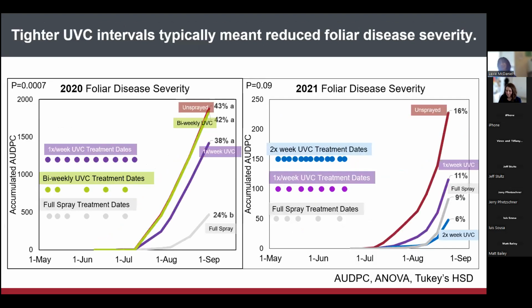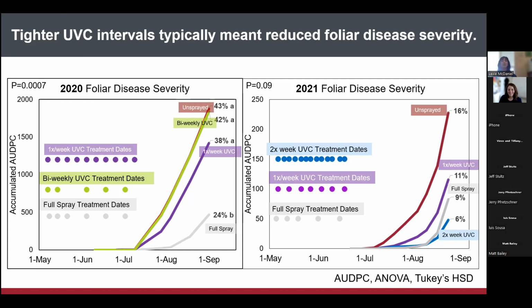And then these graphs represent that foliar disease severity throughout the growing season, with 2020 on the left and 2021 on the right. And then the next slide, I will show the results from this past year, 2022. The x-axis is observation dates from May to September, and the y-axis is the cumulative area under the disease progress curve.